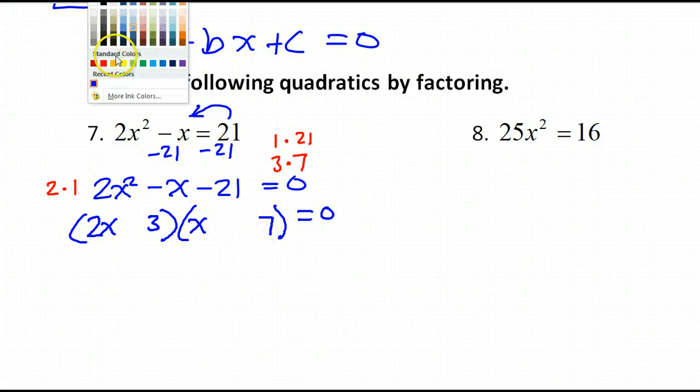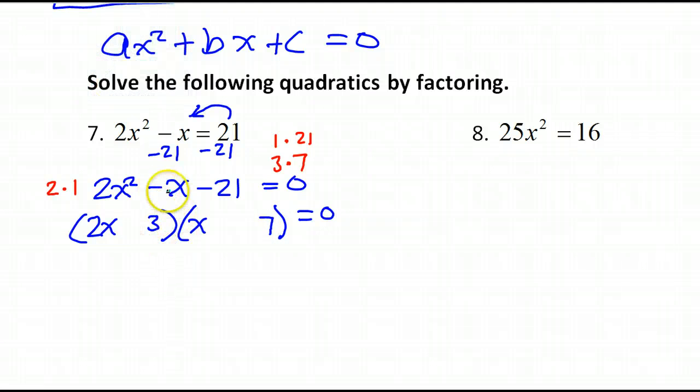Now, remember, the inner plus the outer have to equal the middle. Inner, I've got 3x. Outer, I've got 14x. I'm multiplying here. I'm trying to get negative 1, because there's an invisible 1 right here. So I'm trying to get negative 1x middle.